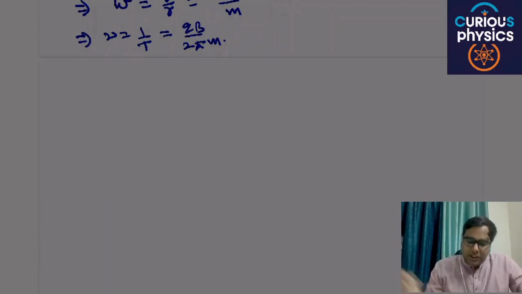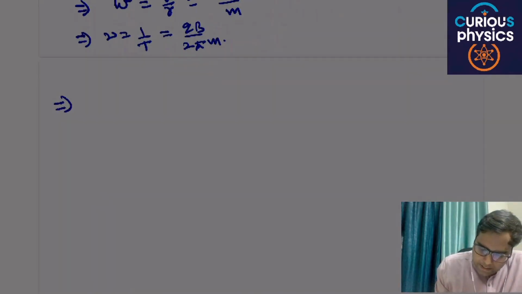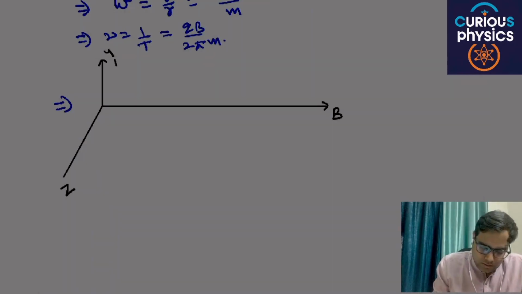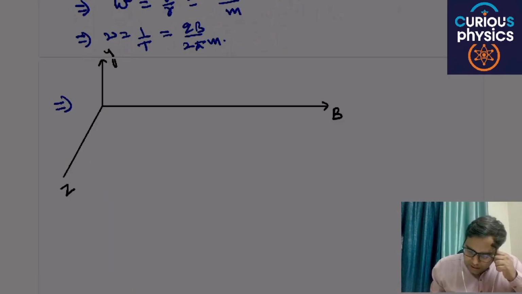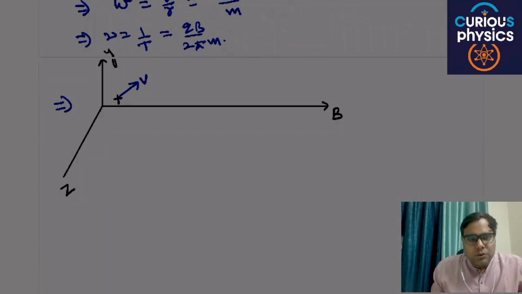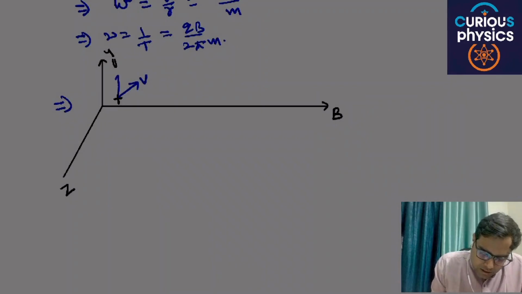Let's say the magnetic field B is in this direction, this is the y direction and this is the z direction. The charged particle has velocity v in this direction, making an angle theta with the horizontal. This is the perpendicular component, and this is the parallel component.